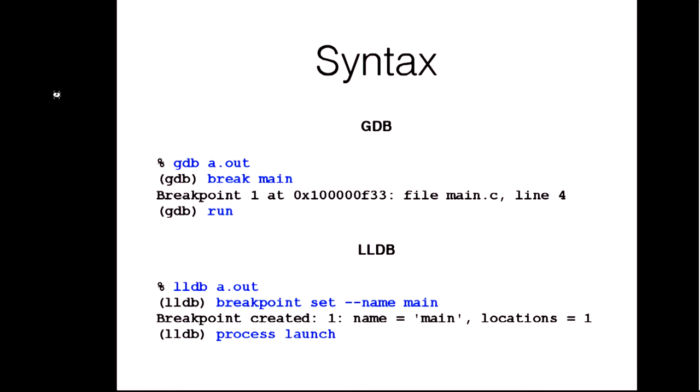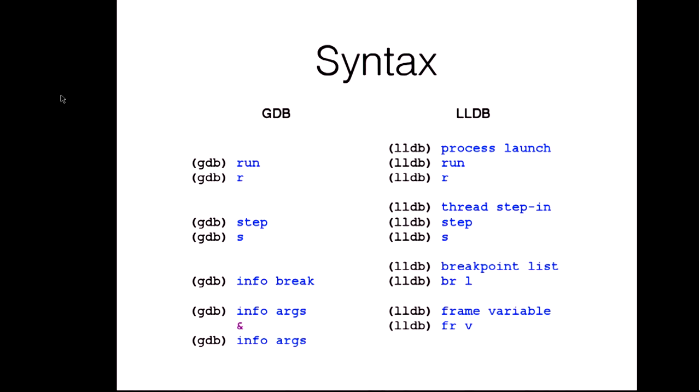But also, LLDB introduces a whole bunch of aliases so that, generally speaking, for the basic functionality of GDB, for single stepping, starting a process, or setting a breakpoint, there is an alias that allows LLDB to work with your finger memory from GDB.